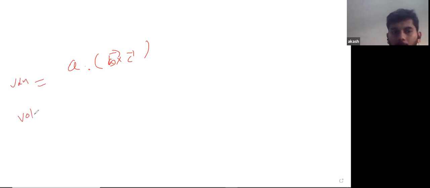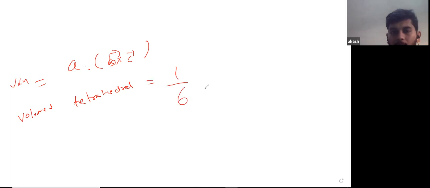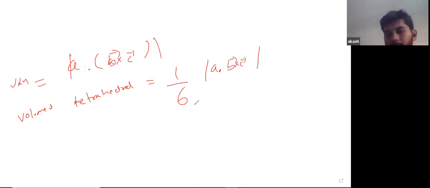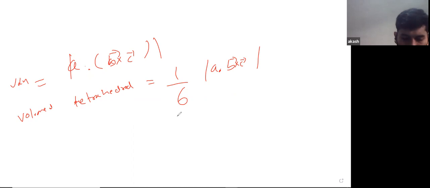Now to find the volume of a tetrahedron, you just divide it by 6, 1/6, and you will have the answer. So you can do the first exercise also.